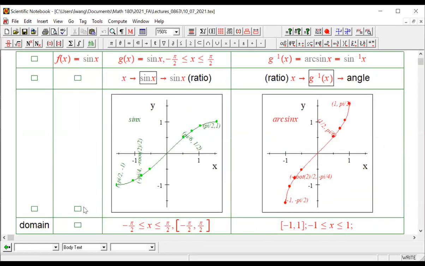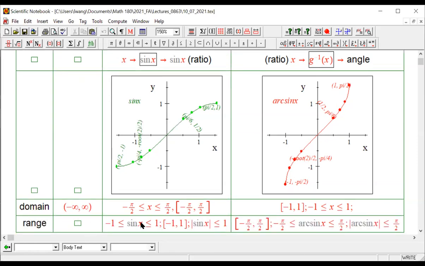Everybody knows the sine curve, right? It's at your fingertips. There are so many software programs that produce it. Domain, what's the domain? From negative infinity to positive infinity.